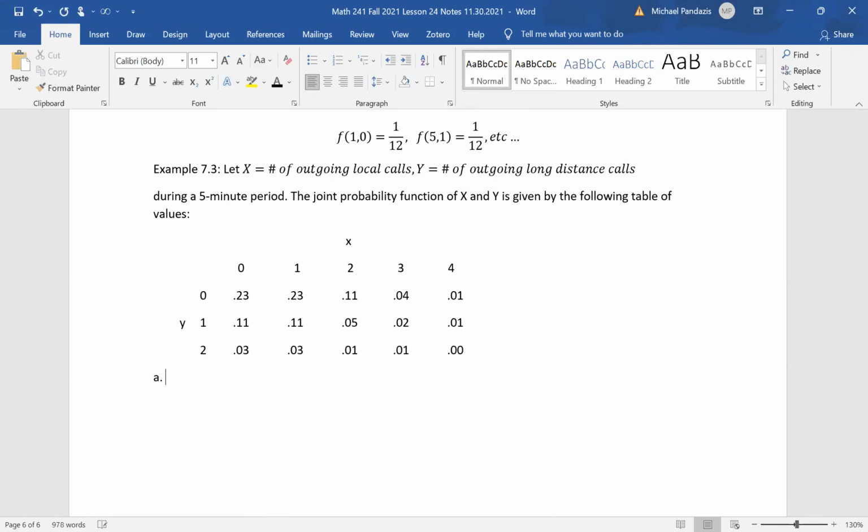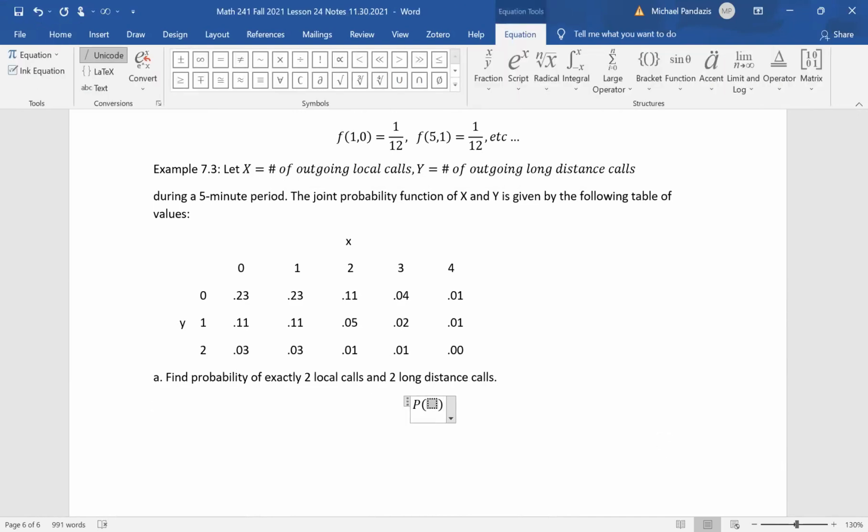So for part A, we want to find the probability of exactly 2 local calls and 2 long distance calls during this 5-minute period. Well, this is equal to the probability that X is equal to 2 and Y is equal to 2.